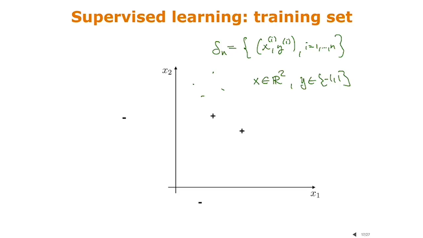So each point has either plus 1 or minus 1 associated with it.